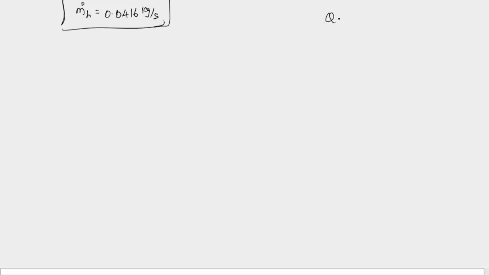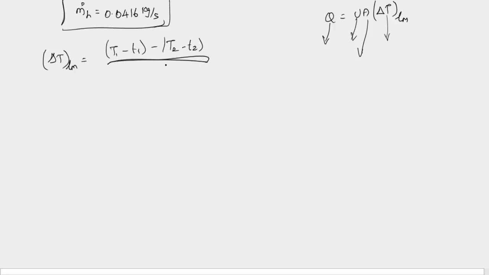To find the area, you know Q equals U A del T LM. Here in the problem itself the U value is given and you know the Q value, so the del T LM value has to be found out. So del T LM equals, for a parallel flow heat exchanger, this is the formula with ln.